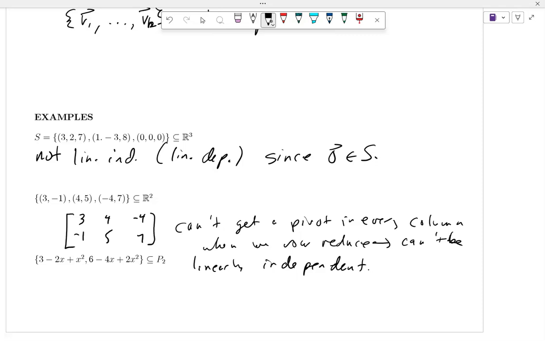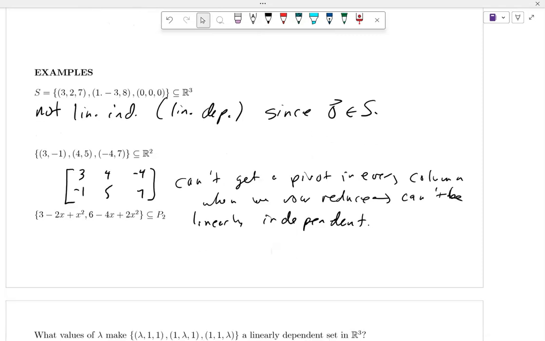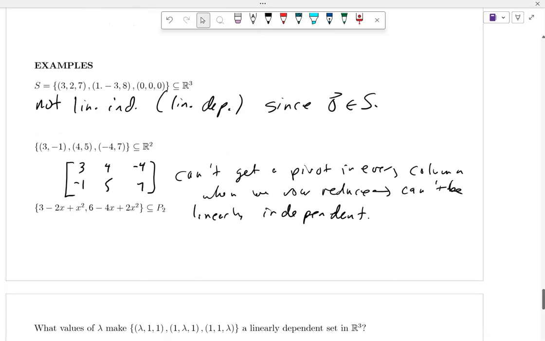Now the last one here with P2. If we did the technique we talked about last time, we would put them in columns of a matrix. If we try to put them down in columns, I'd have 3 rows and 2 columns. That doesn't tell me anything, right? There's not too many vectors.